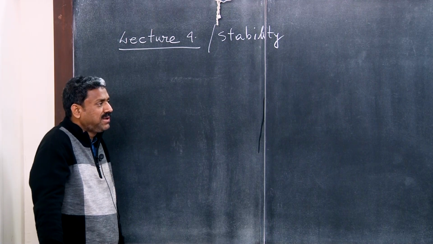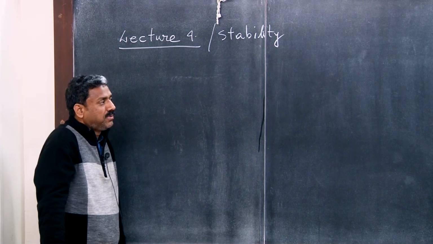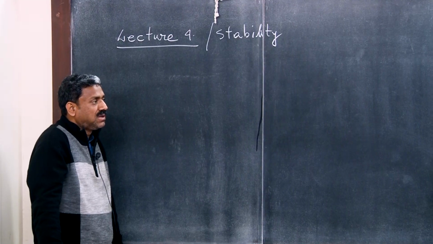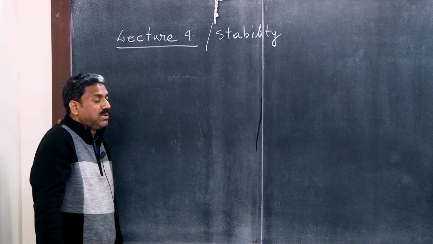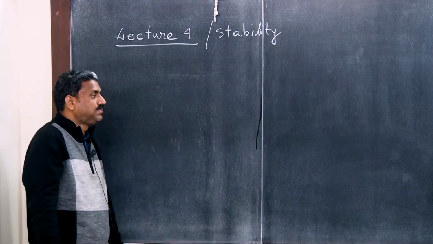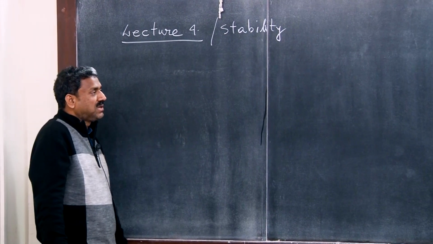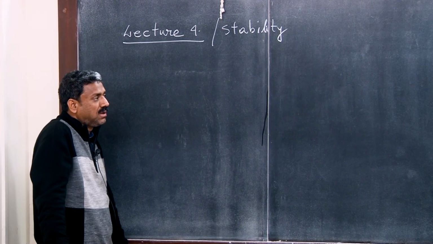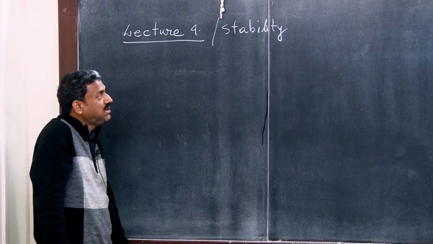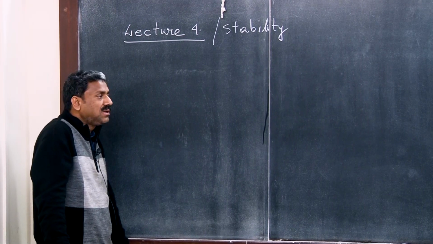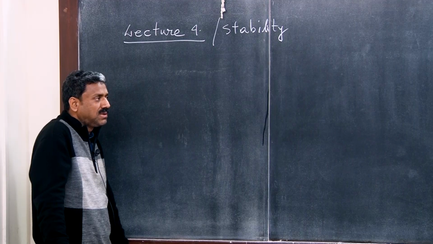So, let us briefly recapitulate what we have done. We have introduced the concept of stability and learned how we can ascertain the nature of stability through the energy functional, and we have solved a simple problem.